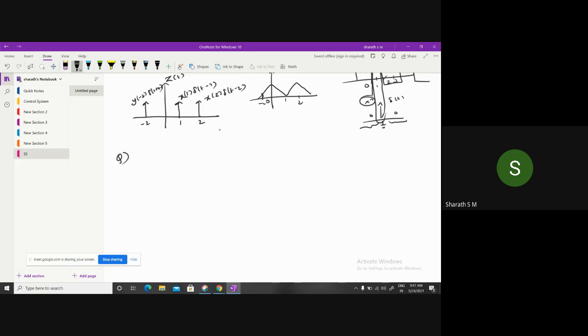First one, integral from minus 1 to plus 1, 3t square plus 1 into delta of t dt.